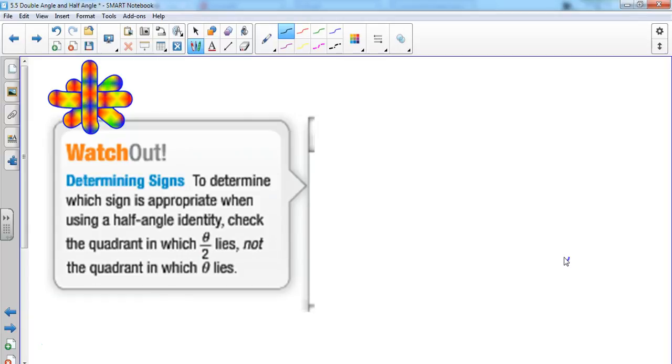So if theta was in quadrant 2, when you cut a quadrant 2 number in half, it's going to put it in quadrant 1. So then it would be plus instead of minus. And we'll talk more about that because it's a little tricky. Cutting a quadrant 3 angle in half would put it where?